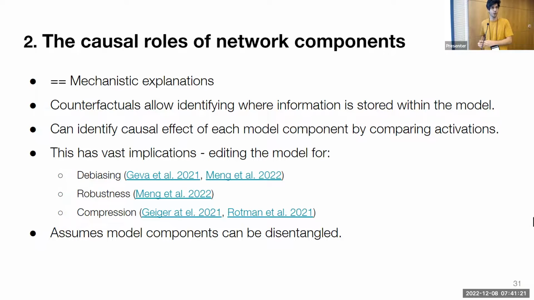If we have that, we could remove or edit this information and debias the model. We could also remove this information, making our model robust to changes with that attribute, right? If our model is not using gender information, then in the test set, if gender information is correlated in a different way with some predictions, my model will not be using it, making my model very robust to those counterfactual scenarios.